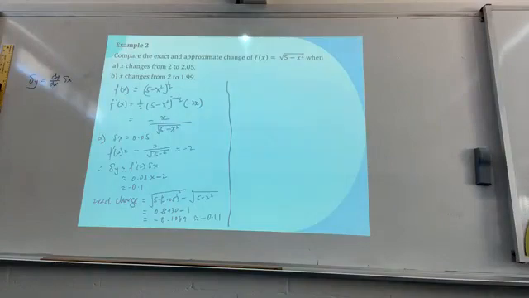Follow the same procedure. I already know the first derivative at 2, so it's 2 times minus 0.01, so it's 0.02.